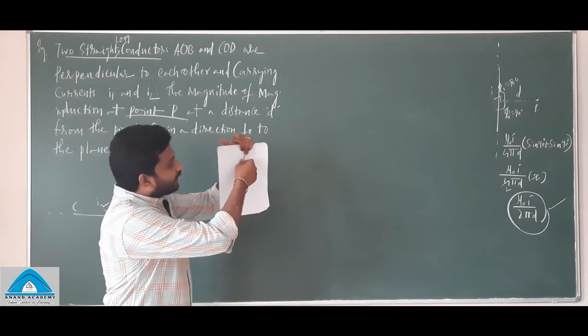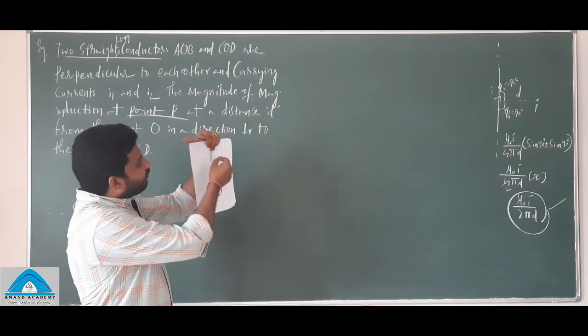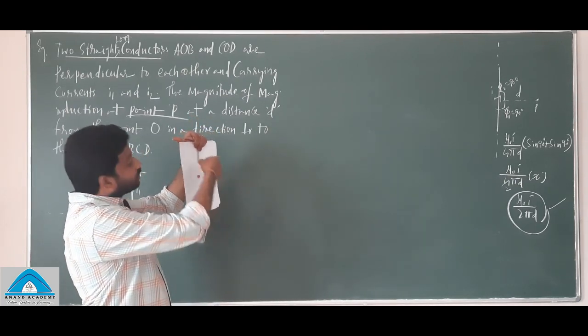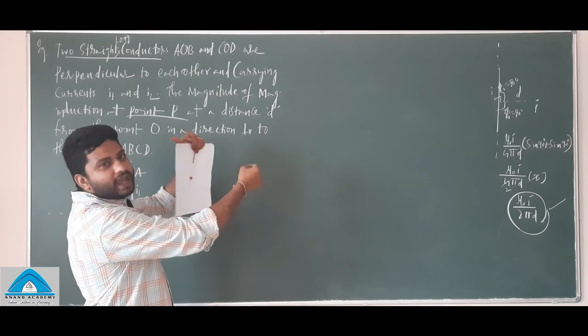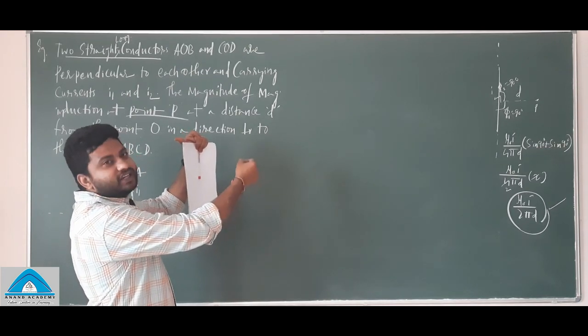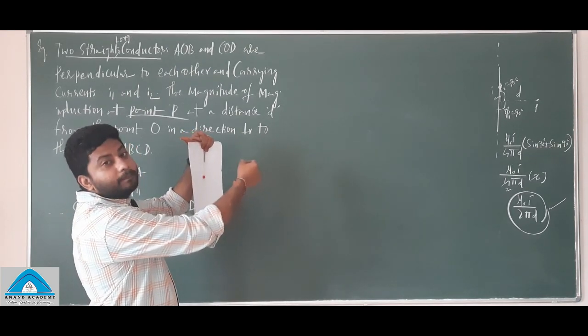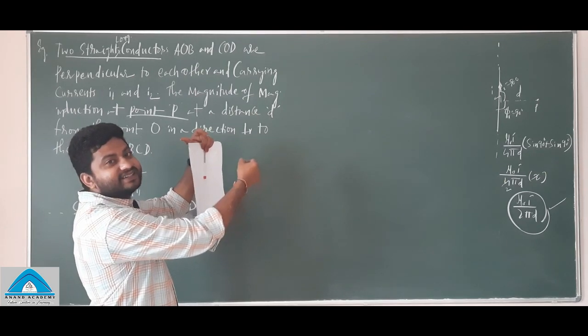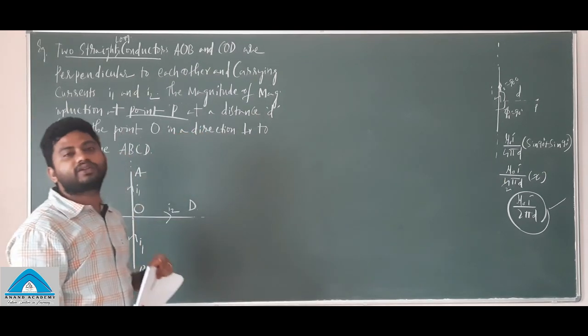Because of the first wire, the magnetic field at the point P, which is located at a distance D, is mu naught I by 2 pi d.